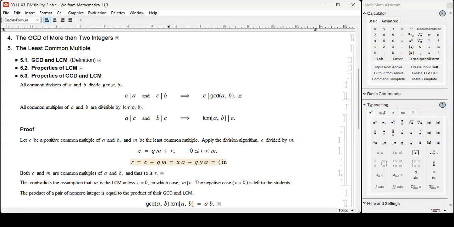So this is an integer times A form. Let's make it a little bit smaller.